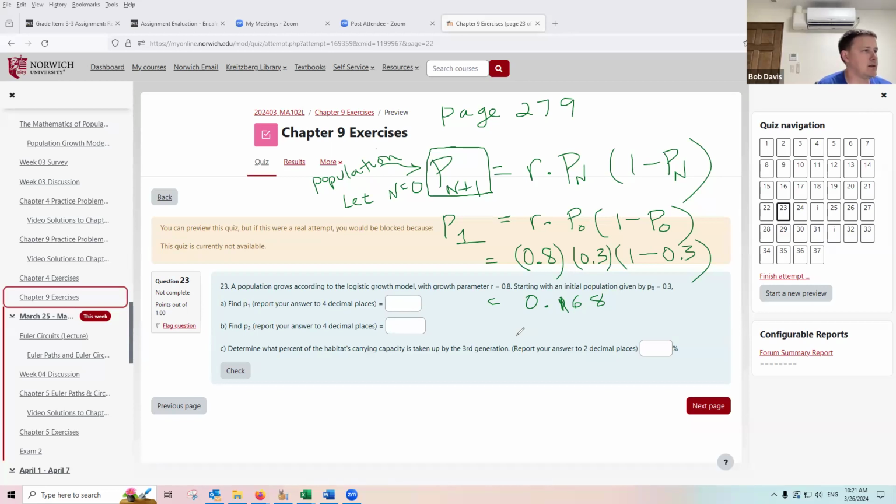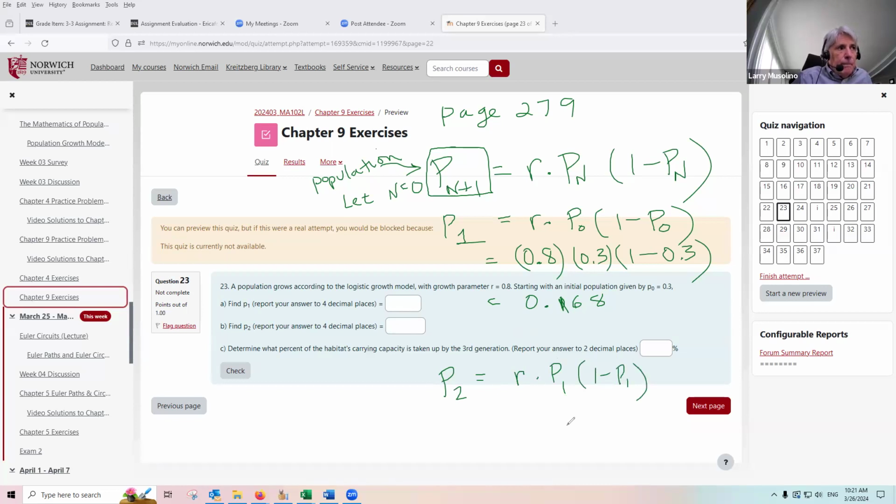All right. And then P2, you're just going to repeat. So P2 is R times P sub 1 times 1 minus P sub 1. 0.8 times 0.168 and then times 1 minus 0.168.